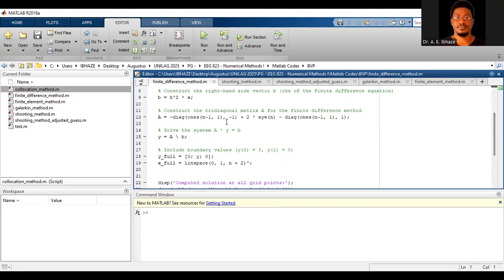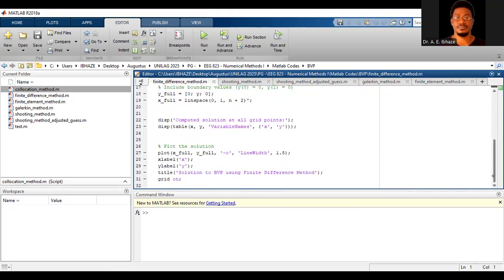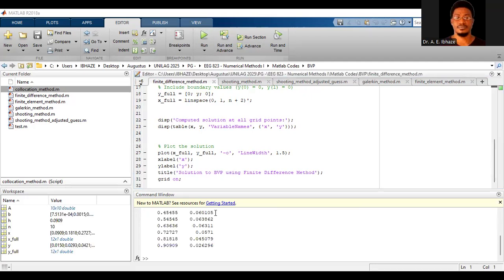And then we'll construct the tridiagonal matrix where we have the diagonal and the superdiagonal and all of that. Then we also include the boundary conditions and then display. So let us run this to see if we'll get something close to our exact solution.